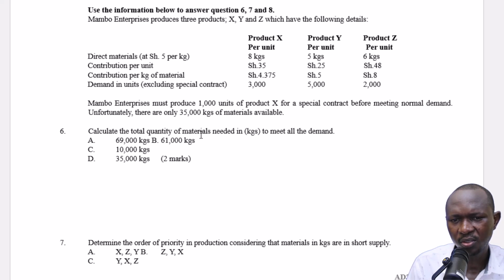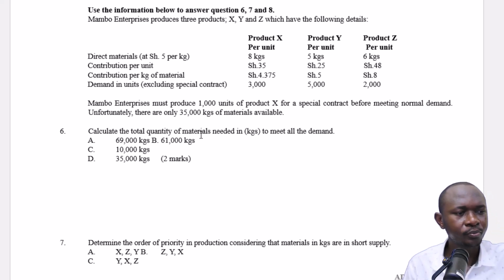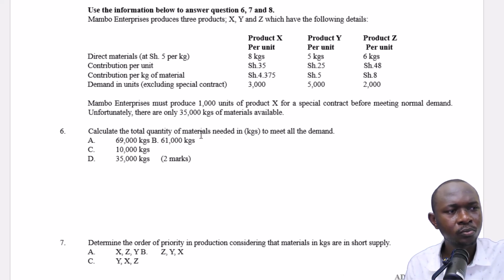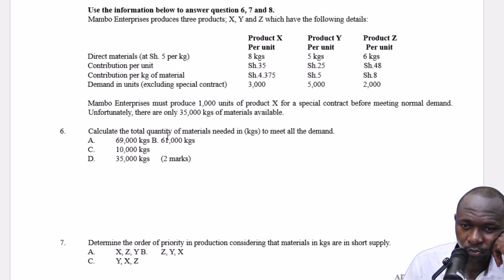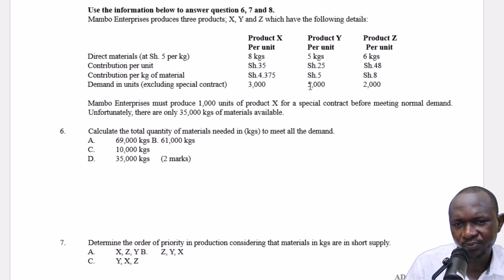So direct materials: product X uses 8 kgs per unit, product Y 5 kgs per unit, and product Z 6 kgs per unit.